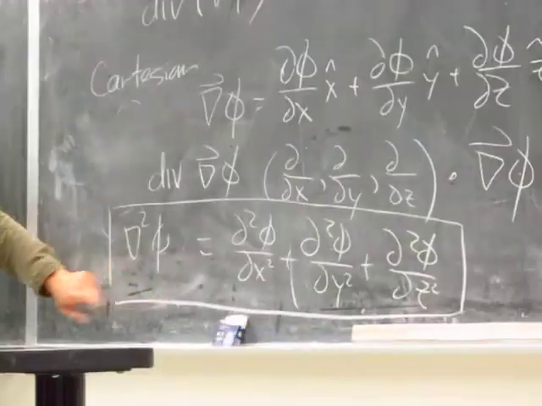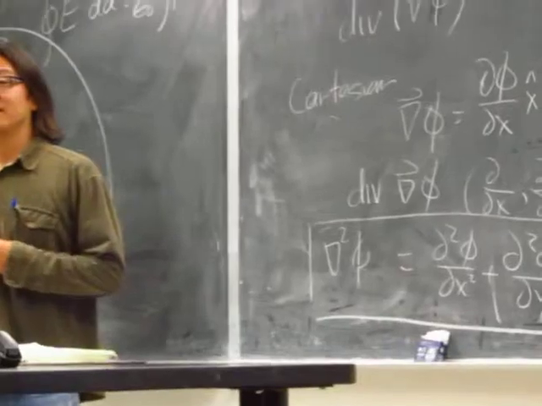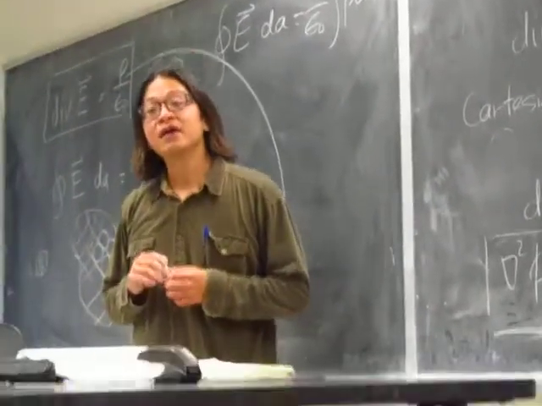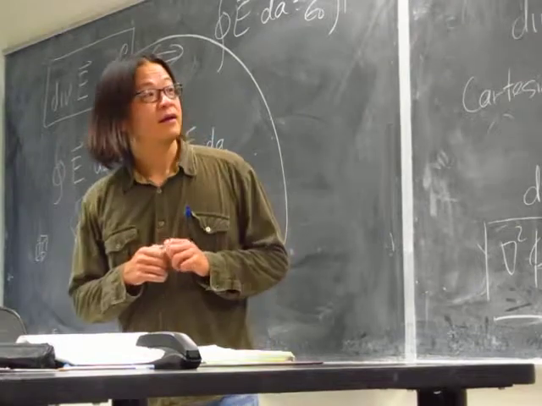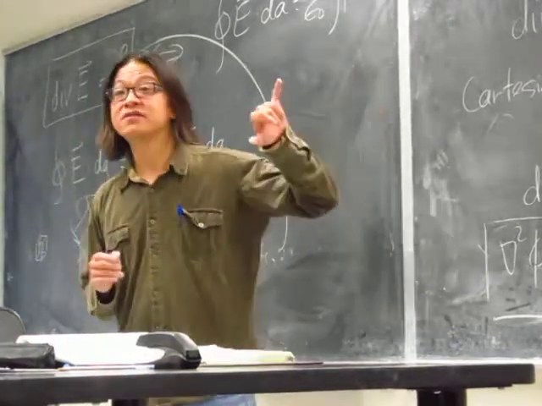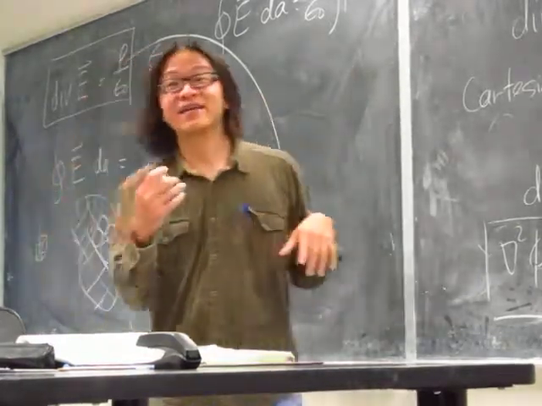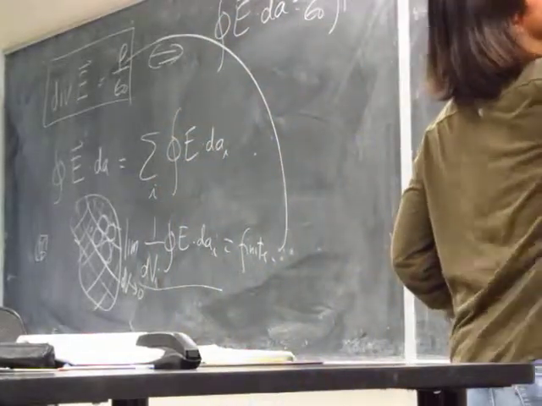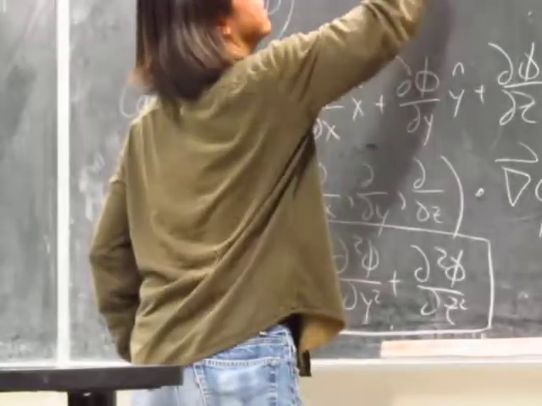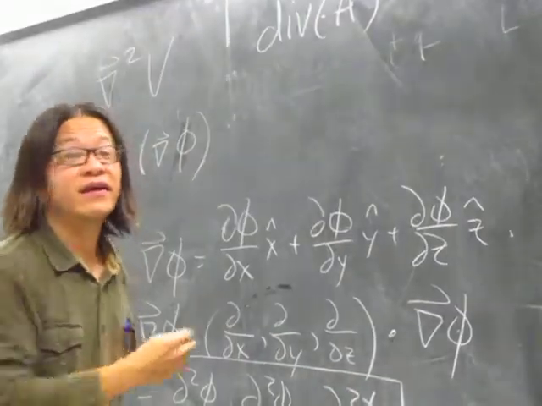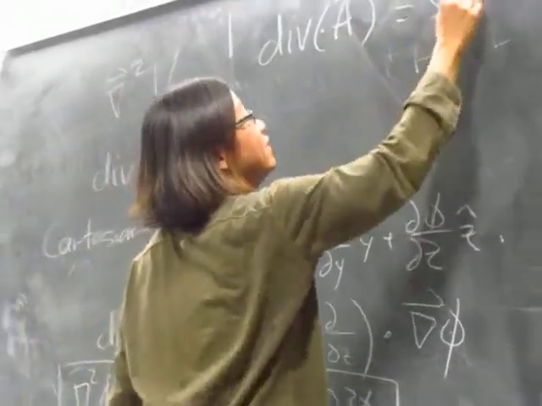So the Laplacian is like the divergence of the gradient. The Laplacian is always a scalar. The divergence of a vector is a scalar, right? So divergence always acts on a vector, and then it turns into a scalar.